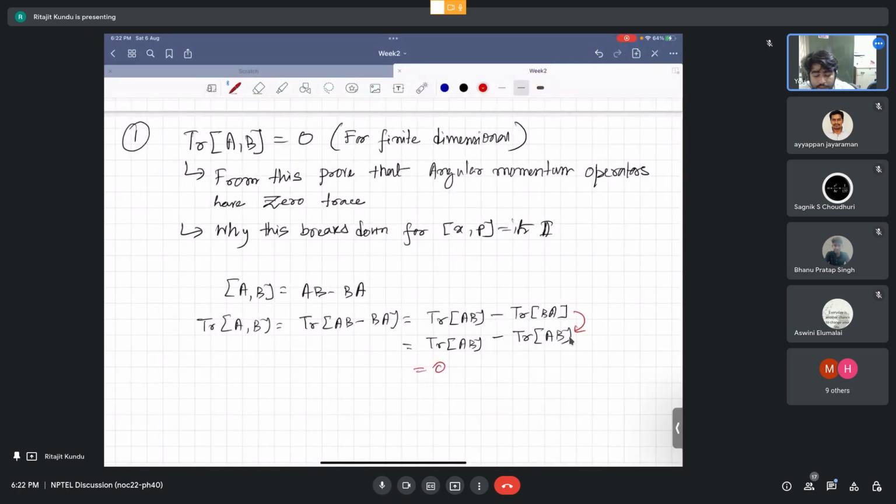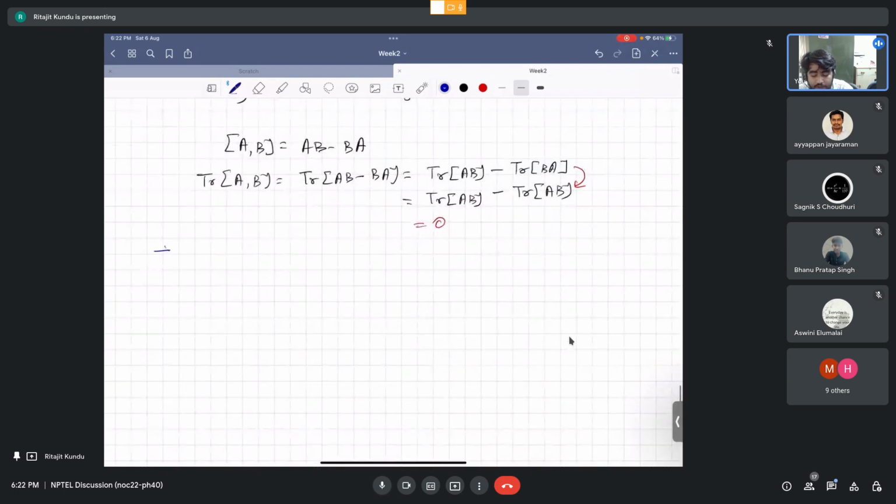For example, let's have a look at the angular momentum operators. Let's write one of the commutation relations: Lx comma Ly gives you i Lz.